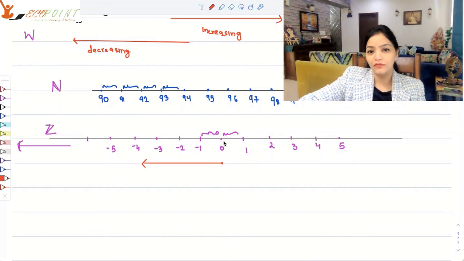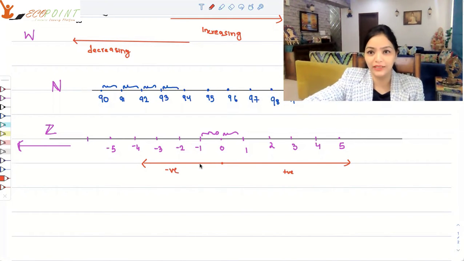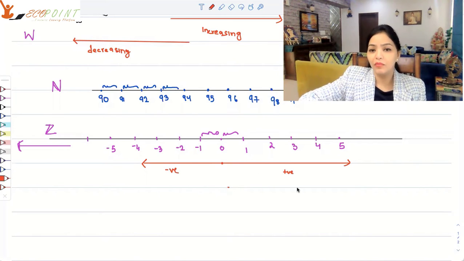So if we take the center of our line as 0, you have all negatives here and all positives here. But this is not the only thing. What I am trying to tell you is that the numbers are in increasing order here.